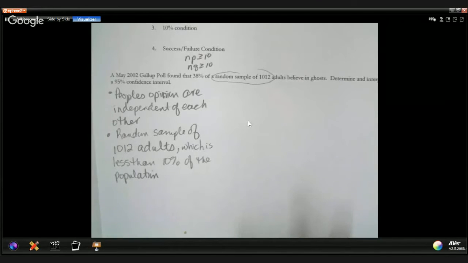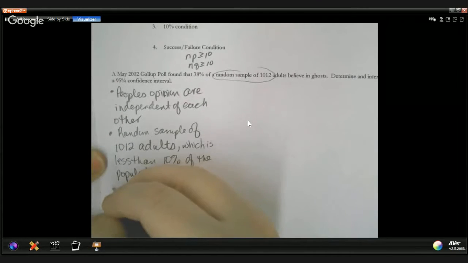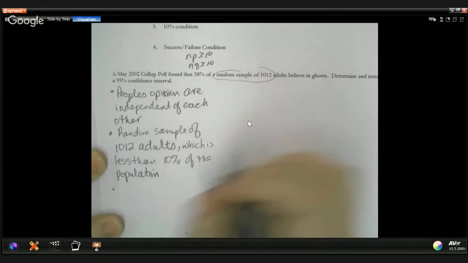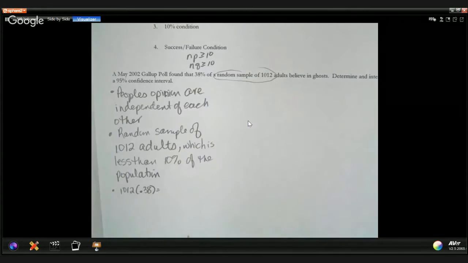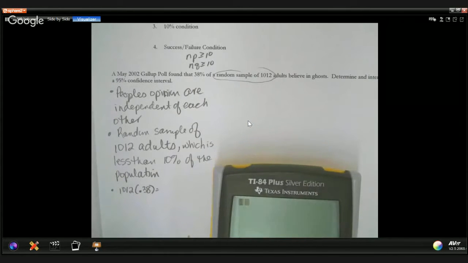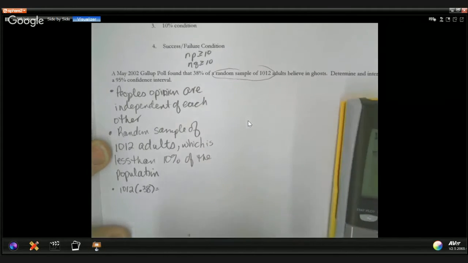And then the last one, do we have more than 10 successes and more than 10 failures? So my N is 1,012 times my P, which is 0.38. So 1,012 times 0.38 is 384.